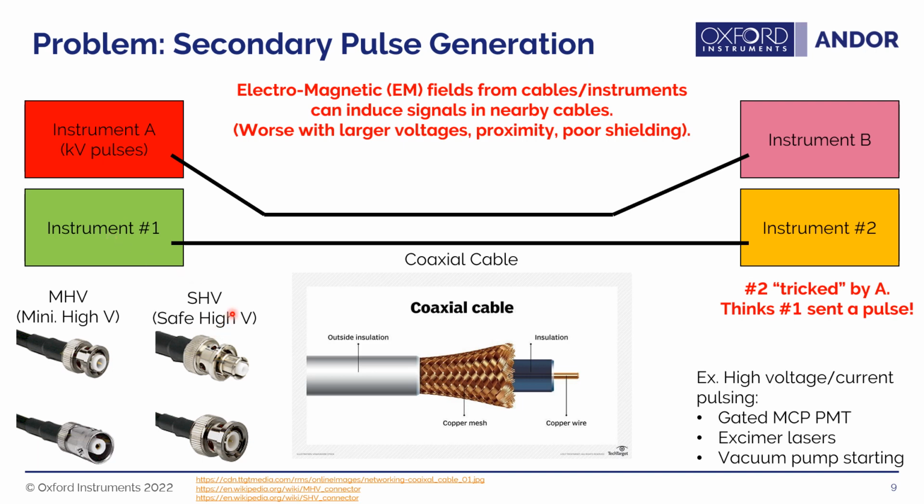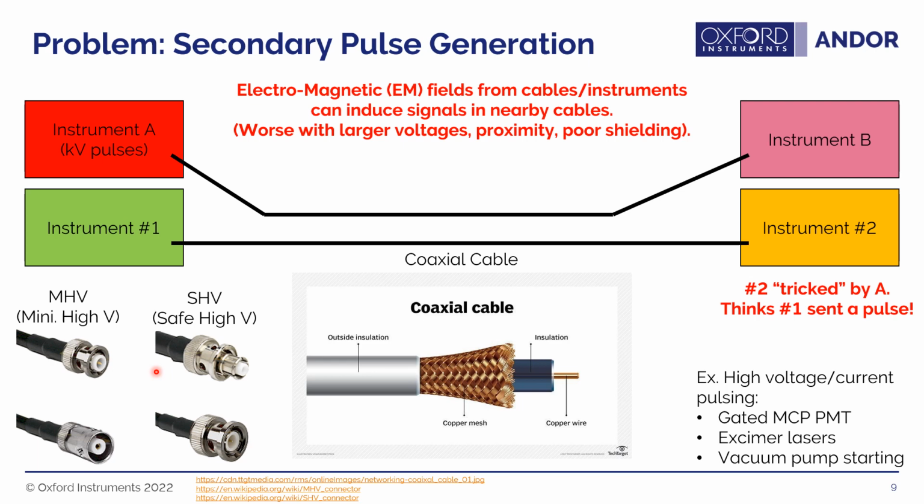And here, just to give you another bit of background, when working with higher voltage pulses, you may see some of these specialized cabling going from types of instruments like A and B that are made for different voltage ranges and different experimental conditions. You have either MHV or SHV, and both of these have extra insulation and slightly modified connector types so that you can't accidentally plug them into the wrong type of instrument.